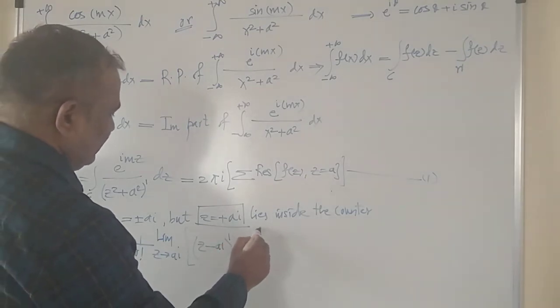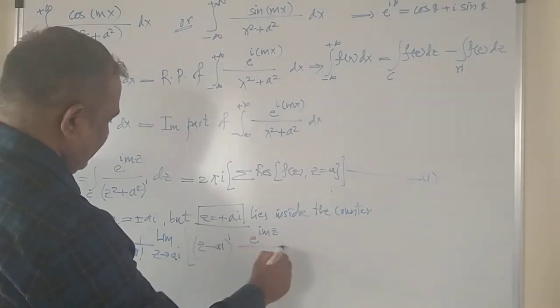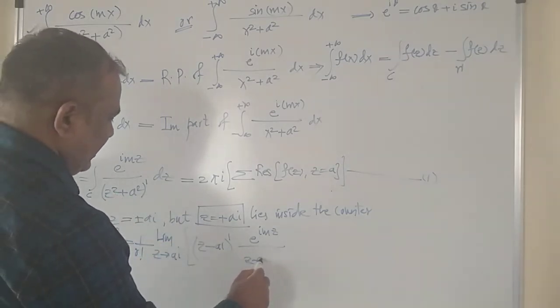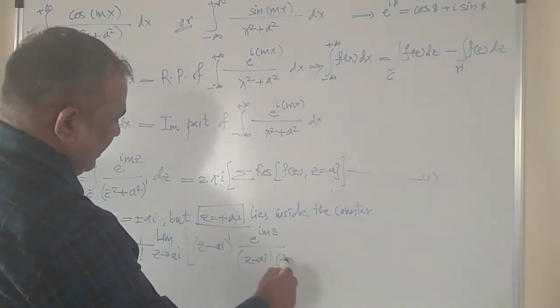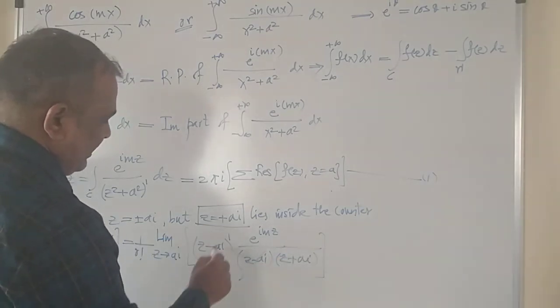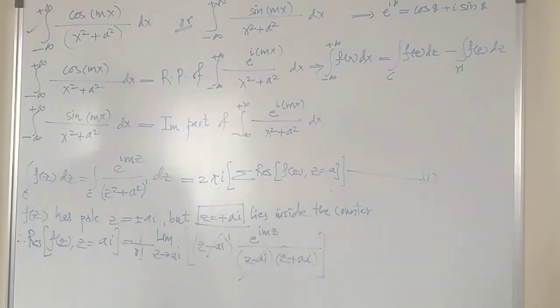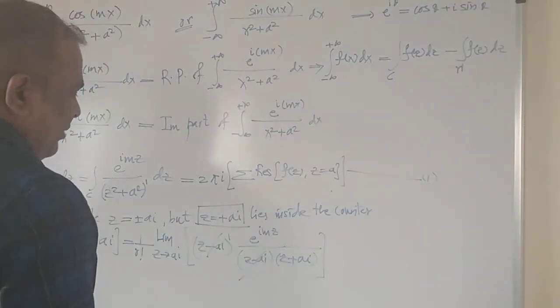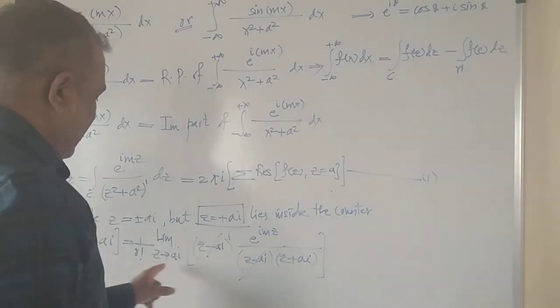F of z is e raised to i m z divided by z square plus a square. I can write this as z minus ai and z plus ai are its factors. So z minus ai gets cancelled, and you will be left with only e raised to i m z divided by z plus ai.